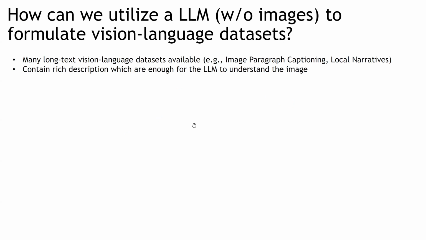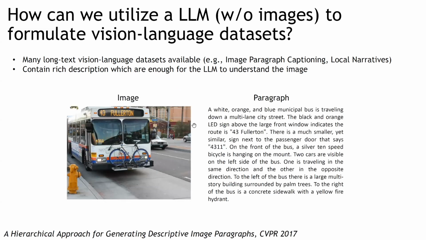Now let's talk about how we can actually utilize a text-only large language model, without images, to create vision language datasets. Fortunately, we have many long-text vision language datasets available, such as the image paragraph captioning task. This is an example of it.